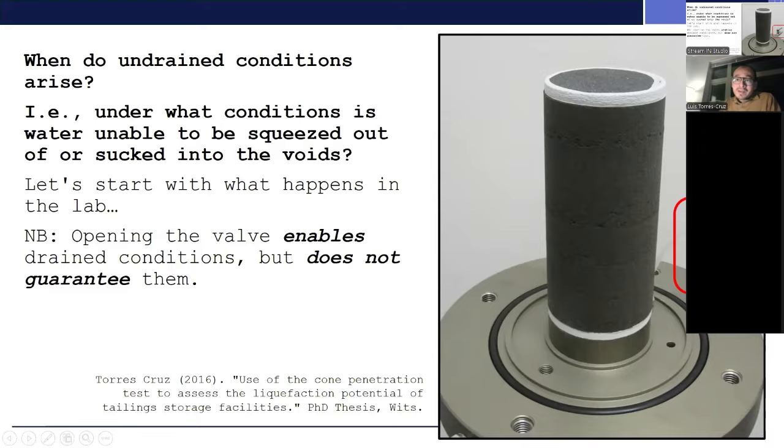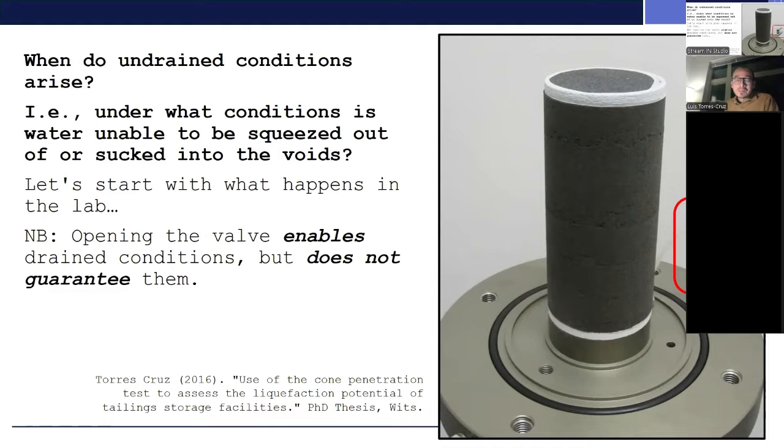So opening the valve by itself does not guarantee that excess pore water pressure will not develop, because you still have to load the specimen slow enough to make sure that excess pore water pressure does not develop.